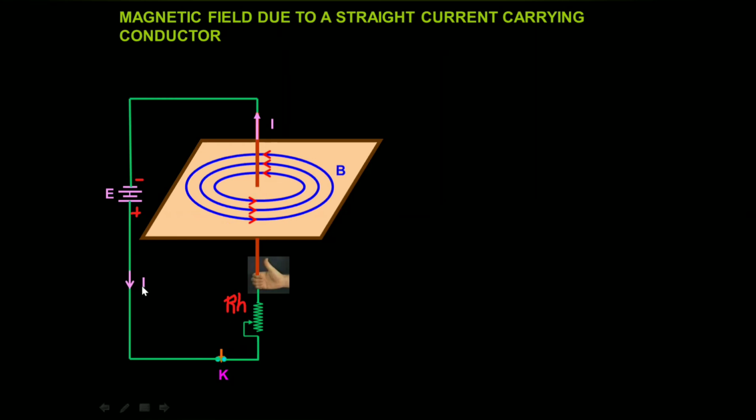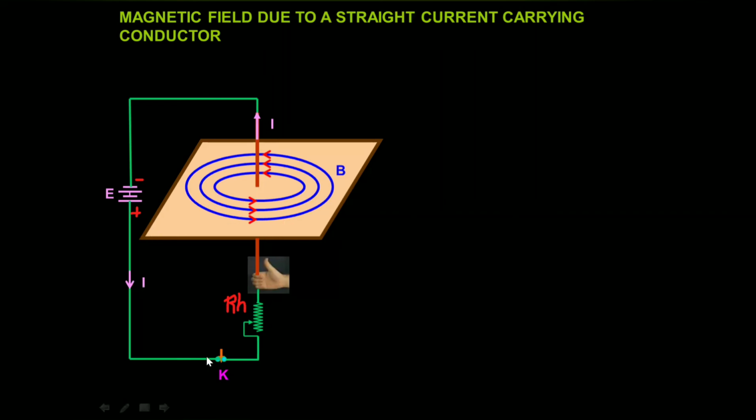We know that whenever current flows in a conductor, the current carrying conductor produces a magnetic field surrounding it. We have learned this concept. Now this is the current carrying straight conductor.